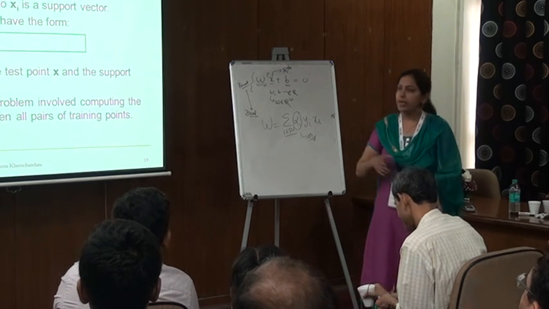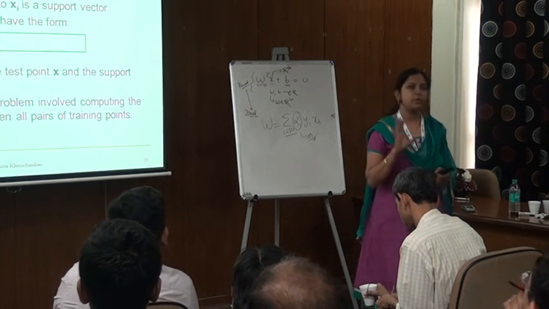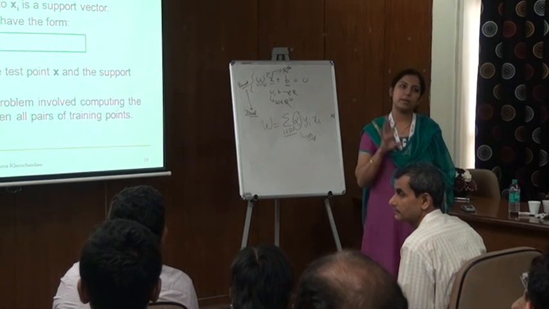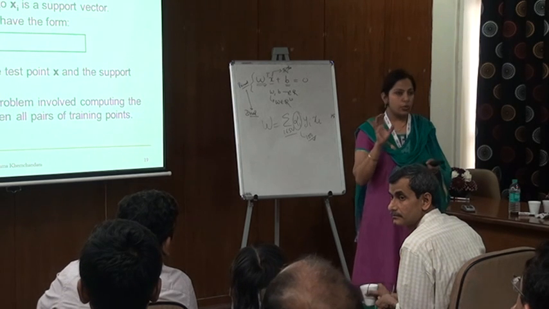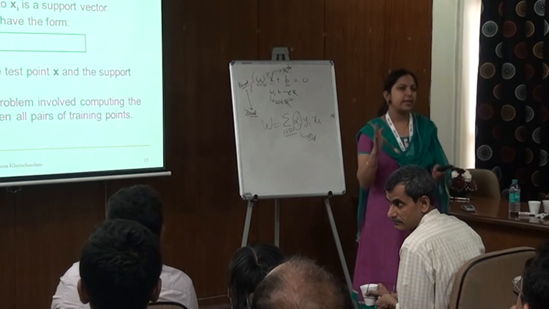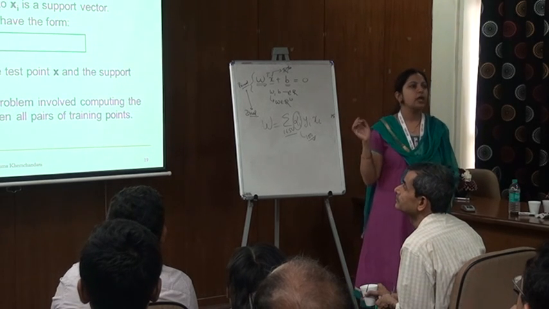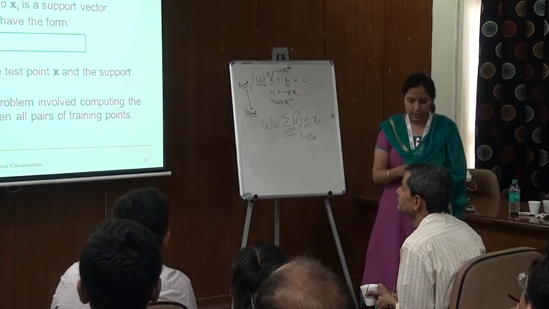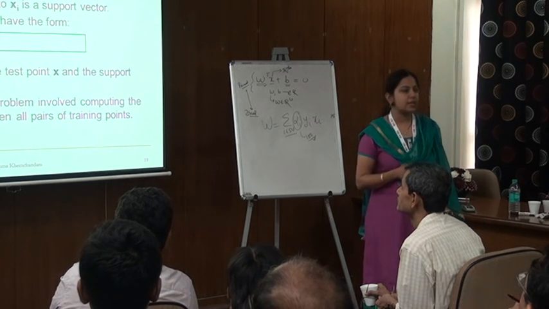So far we have considered linearly separable data. If this problem has a solution, it will be unique. When I say if the problem has a solution, the underlying assumption is that there is no error and the data set is linearly separable, so I can find a hyperplane and get the classifier. But in general, the data set is not like that.